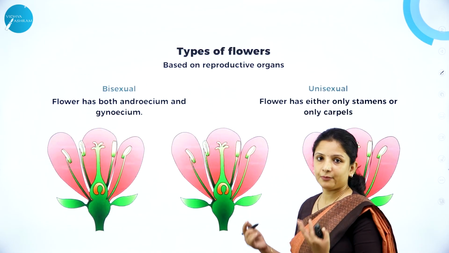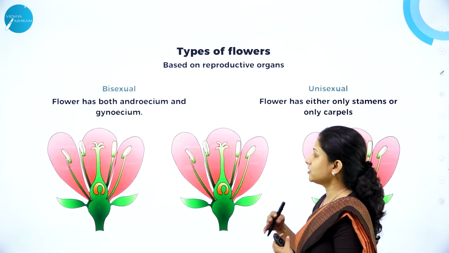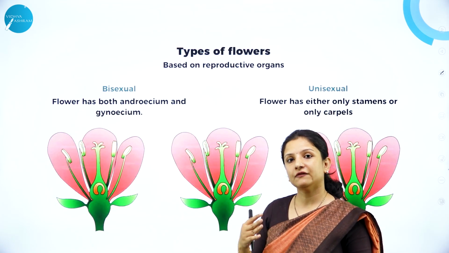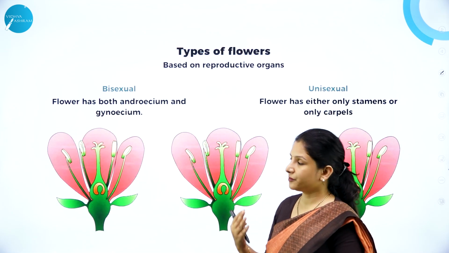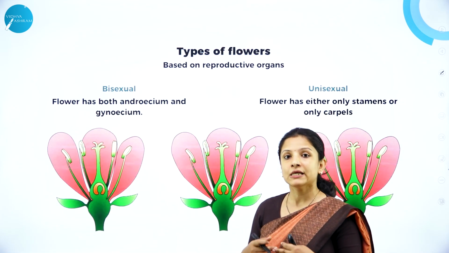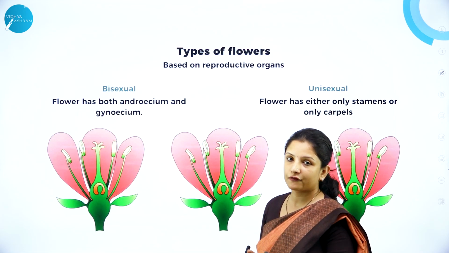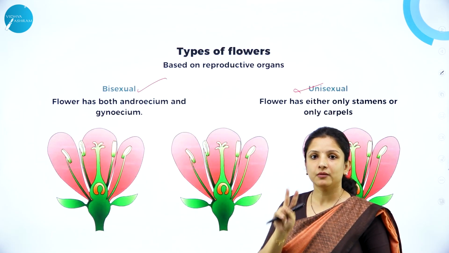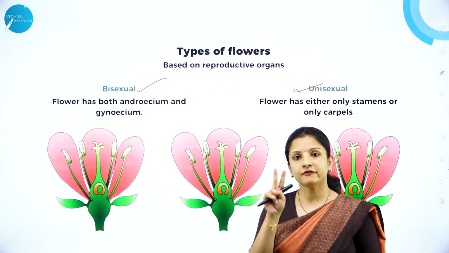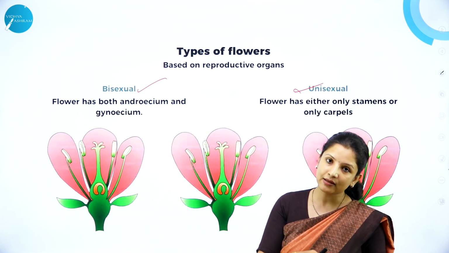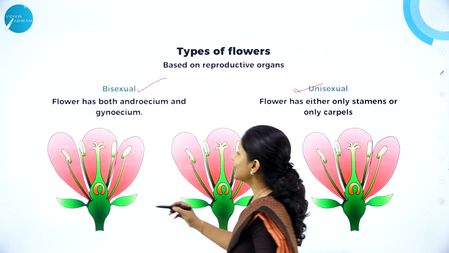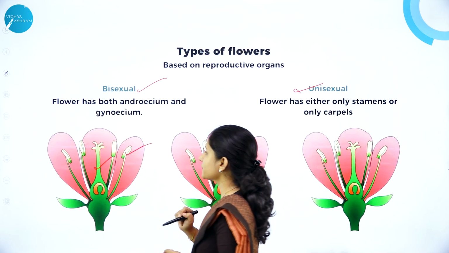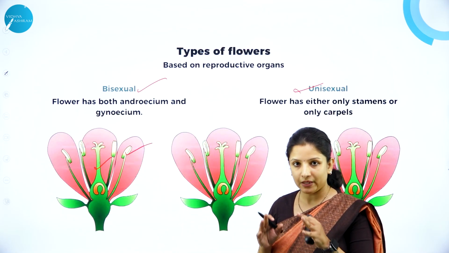Based on the arrangement of these parts, or based on the sexuality of the flowers, the flowers are of different types. Based on sexuality, or reproductive organs, flowers are of two types: bisexual and unisexual. Bisexual: bi means two. So in one flower, both the male and female reproductive organs, the gynoecium and the androecium, will be present.